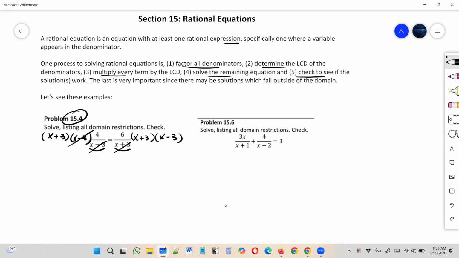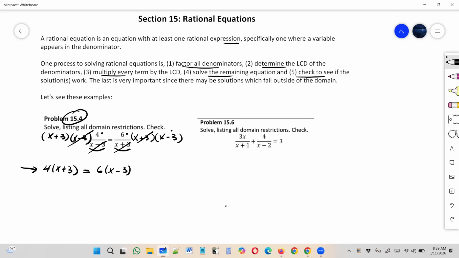This factor is going to cancel with that. I'm going to write in my next line what I have left. I have 4 times x plus 3. I'm going to write it this way for now. Equals. And I have 6 times x minus 3. Notice that after I multiply and simplify with the LCD, there is no more denominator.